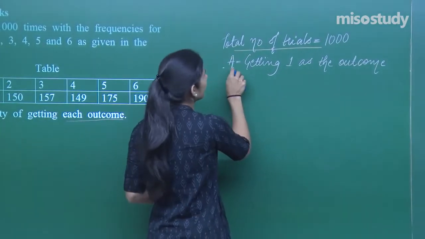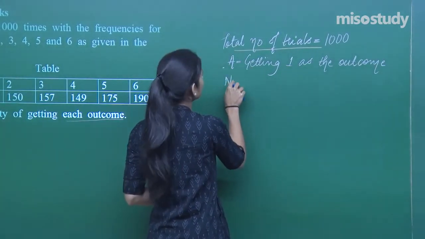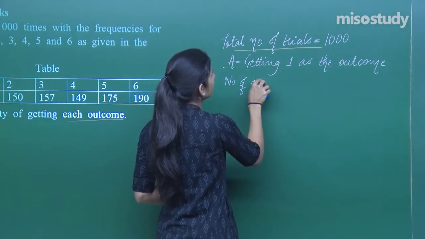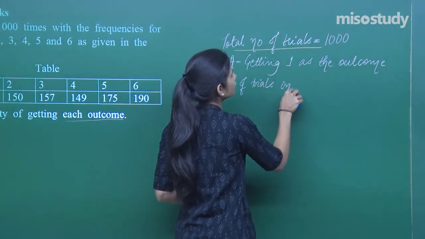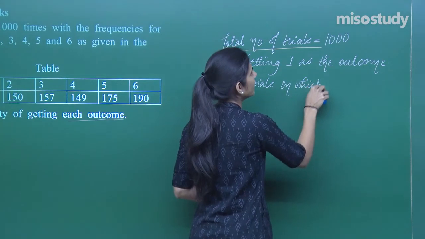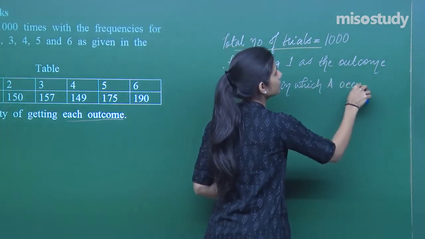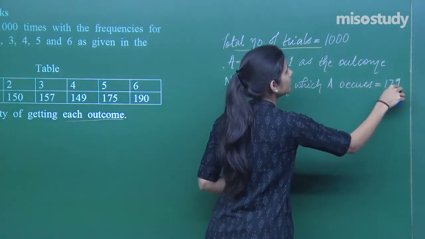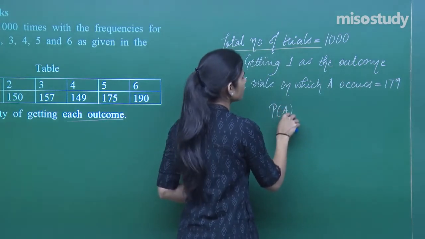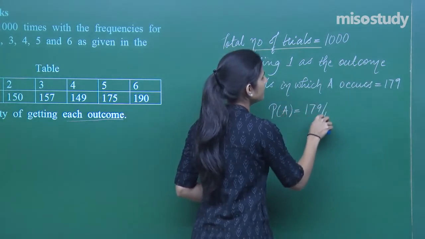So, A is getting 1 as the outcome. The number of trials in which A occurs is 179, and therefore the probability of occurrence of A is 179 by 1000.